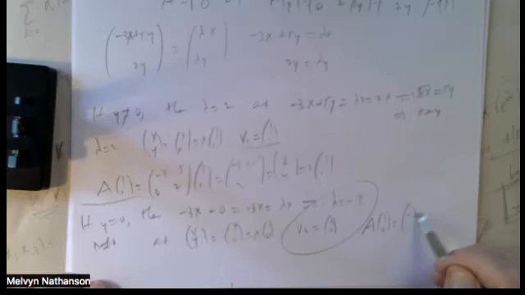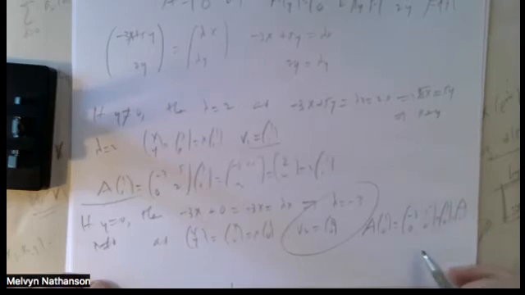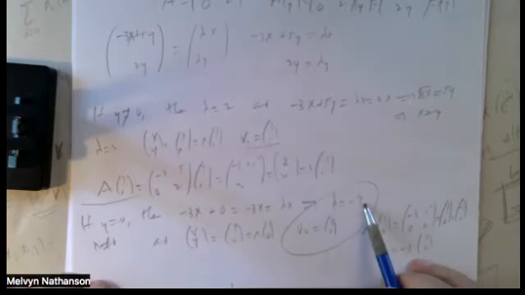And in fact, A applied to the vector (1, 0) is (-3, 0), or -3 times the vector (1, 0). So my second eigenvalue is -3, and (1, 0) is an eigenvector for that.